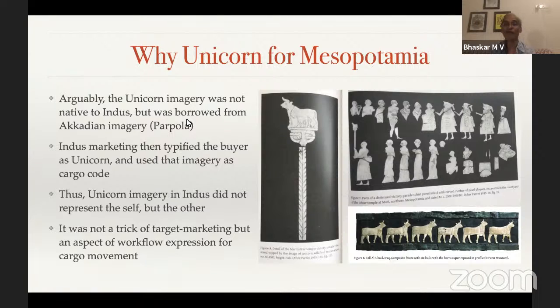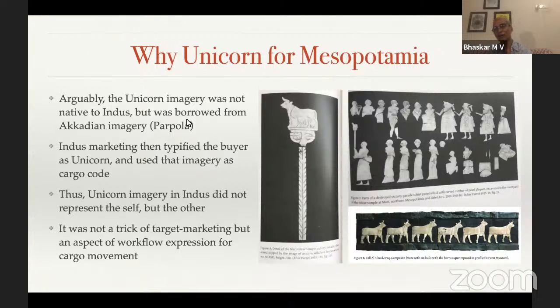This unicorn is known to have been a part of an Akkadian victory parade in Mesopotamia in the Akkadian period. And you see objective evidence for it on the right, where the unicorn is seen on a staff to the left, and to the top right.